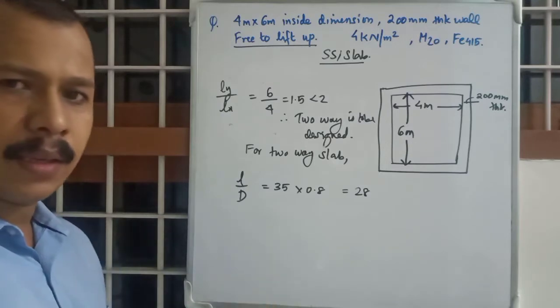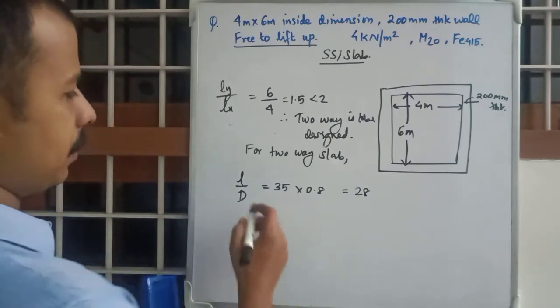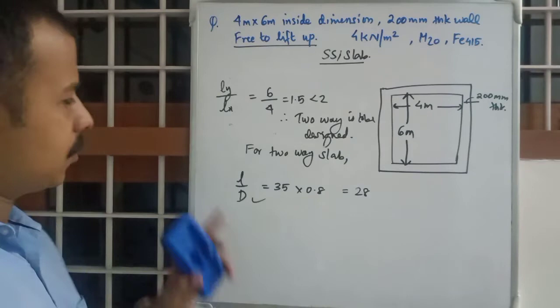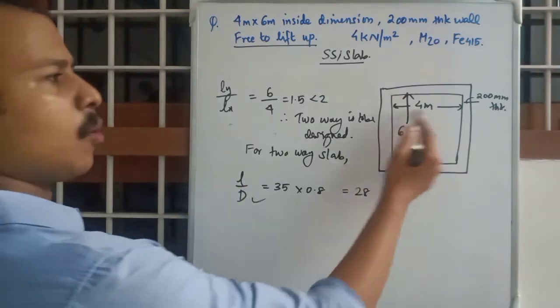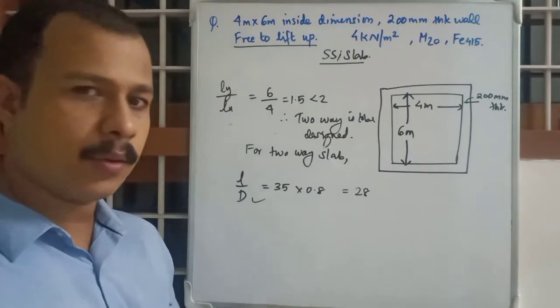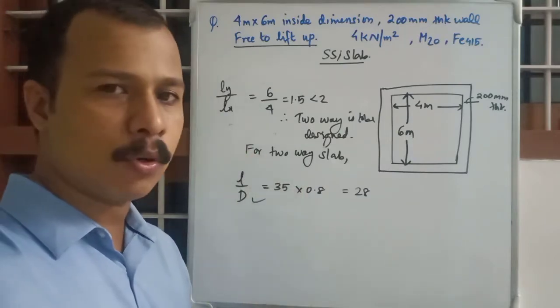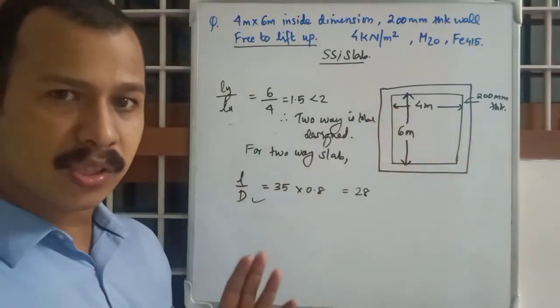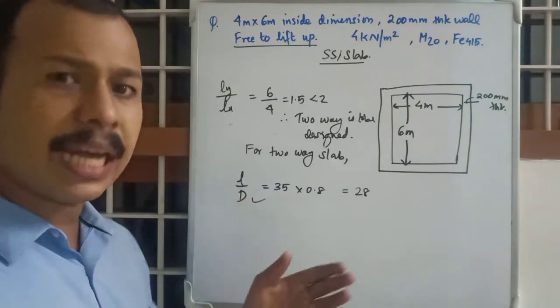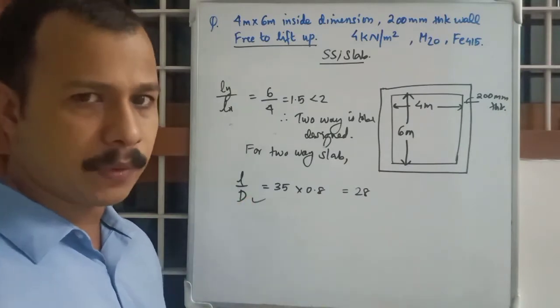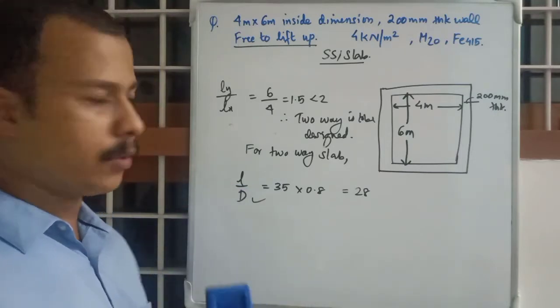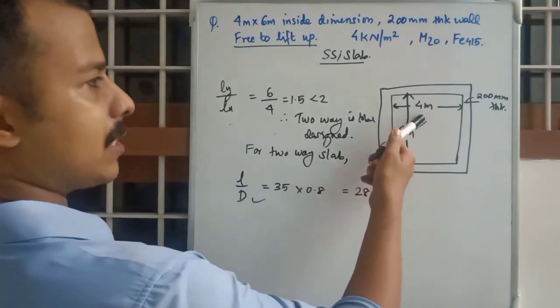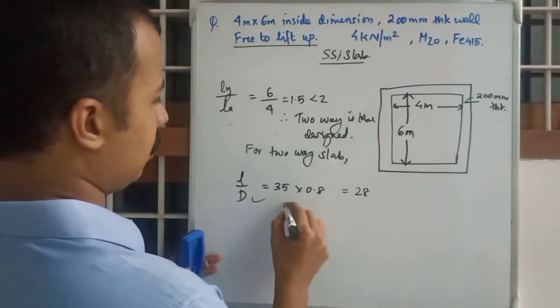Obviously we are going to decide D. We have L, and this L will be taken as the shorter span as always. In one-way slab also we took the shorter span Lx because that is the main determining factor. So here also L is the shorter span, the clear span, which is 4 meter.